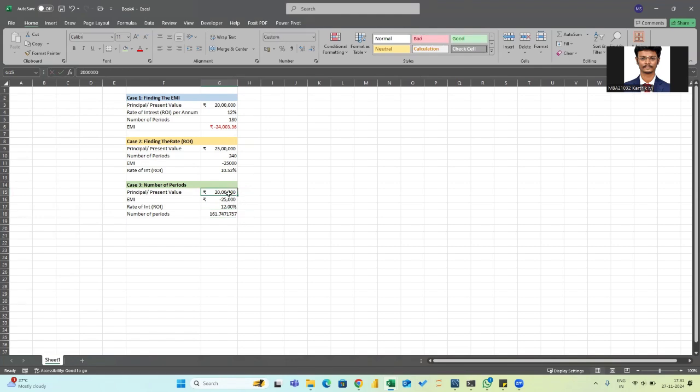Now let's understand why this didn't work when it was 25 lakhs. When it is 25 lakhs, the interest is this into this divided by 12.